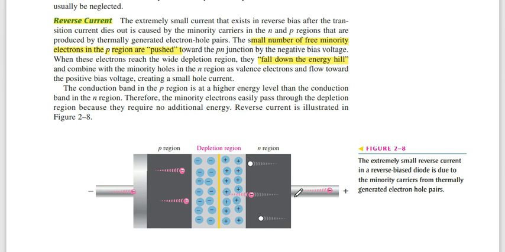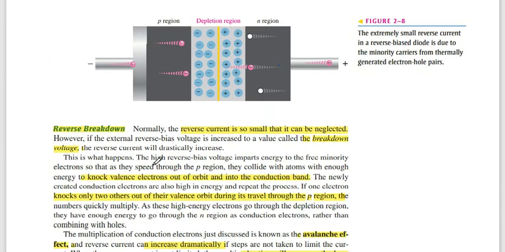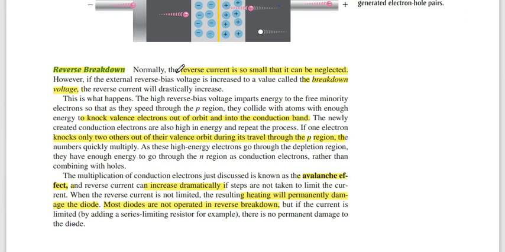Next point is reverse bias, reverse breakdown. When a high voltage is applied to the diode, current flows through the diode by breaking the depletion region. At a limited level, if we control the current, the diode is not permanently damaged.